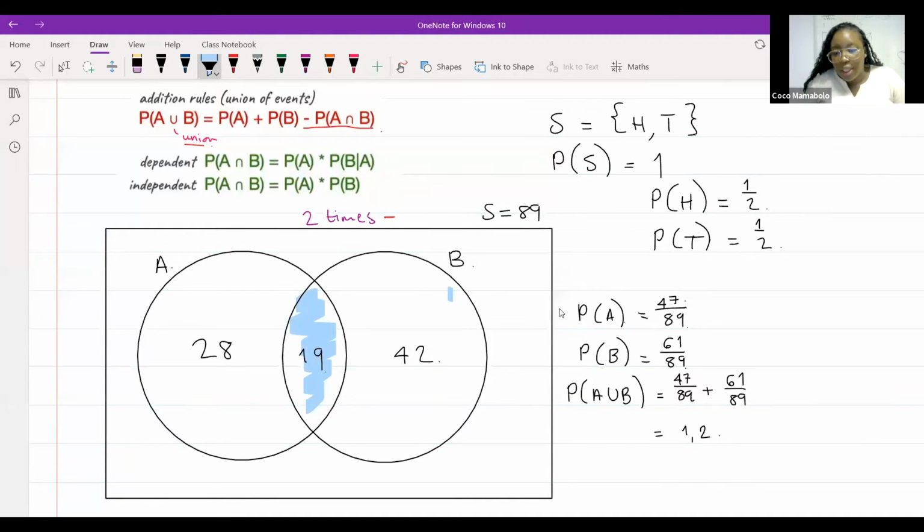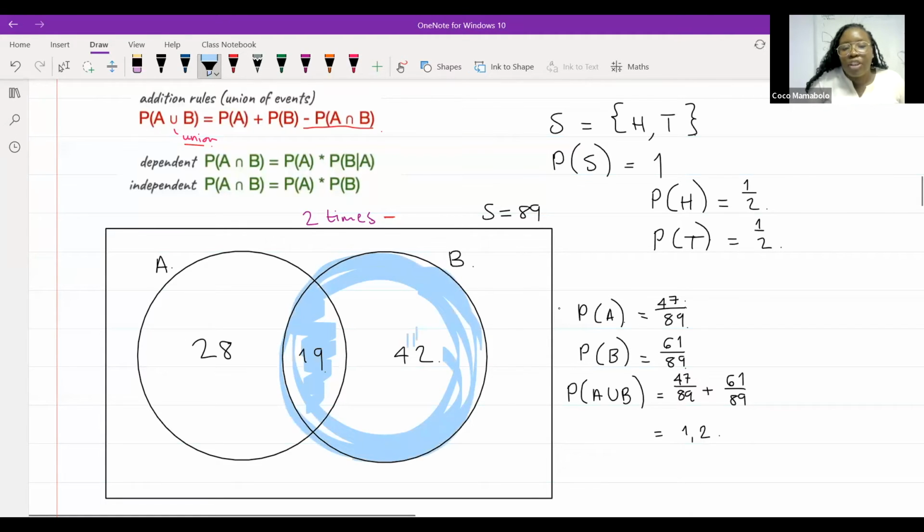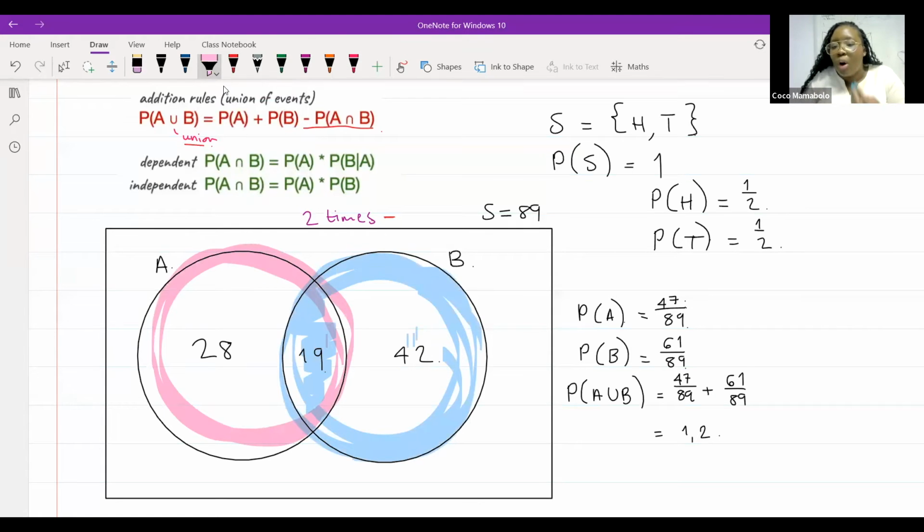You counted it when you did the probability of B, and you also did it when you calculated the probability of A. The only way we can make sure we don't do that is to minus one of these in the middle. So I'm going to minus 19 over 89.